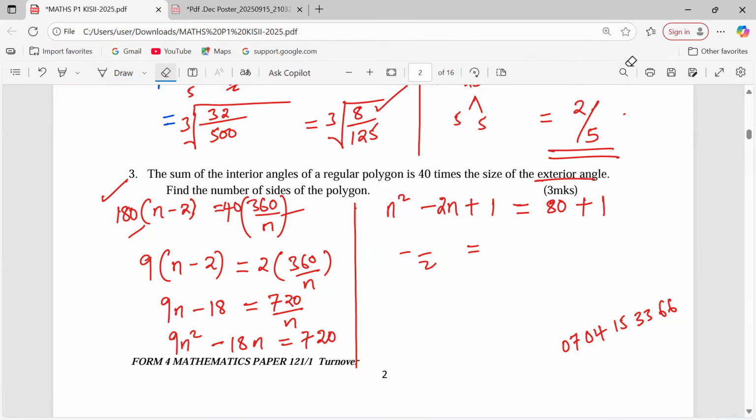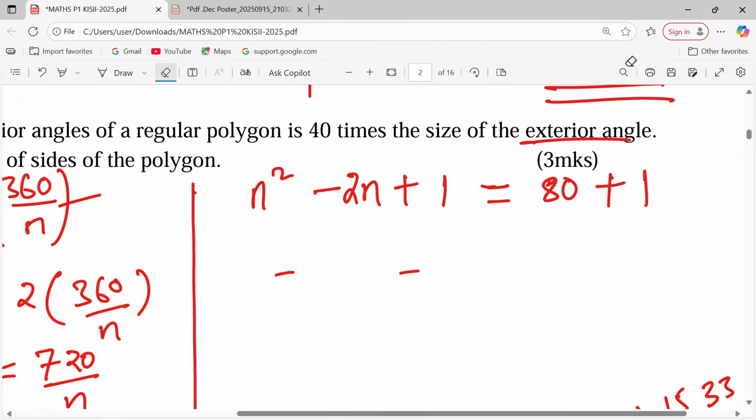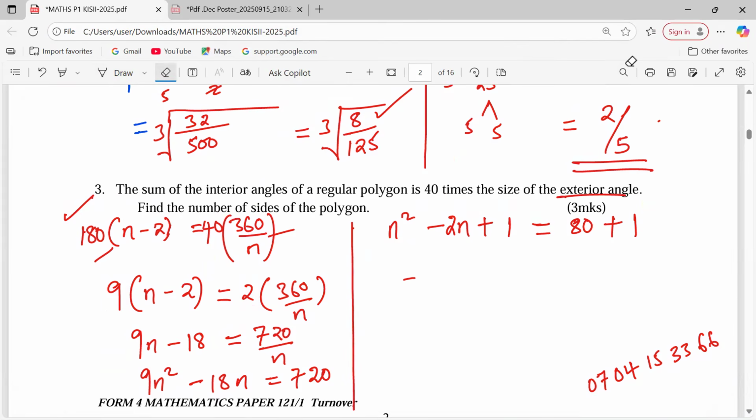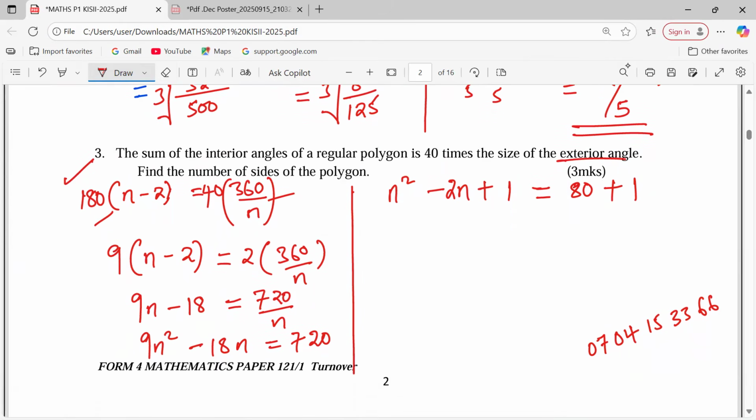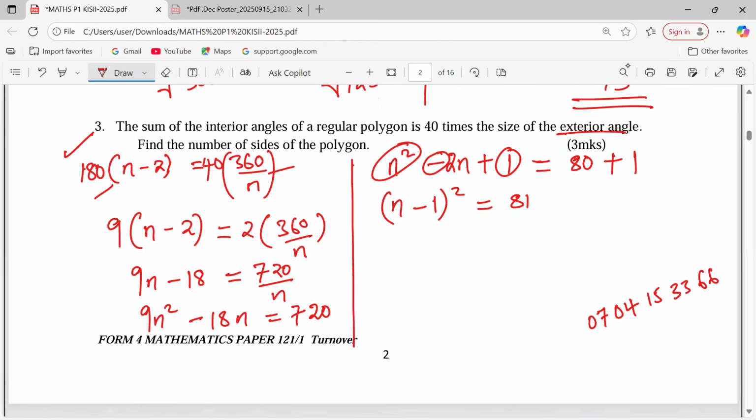When 1 has been added to both sides, we can think of factorizing the left-hand side. How do we factorize it? You pick the square root of n, the sign that follows, minus the square root of the constant 1, equals 81. So we have factorized the perfect square on the left-hand side. Then we can take the square root of both sides, which gives us n minus 1 equals plus or minus 9.